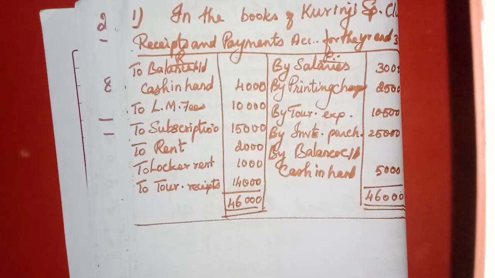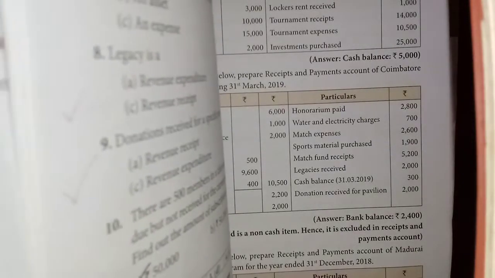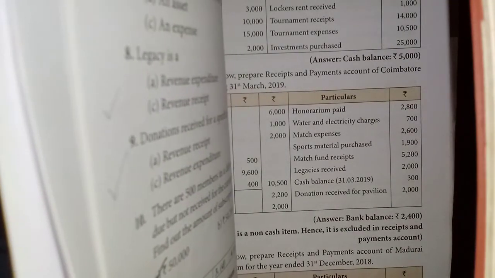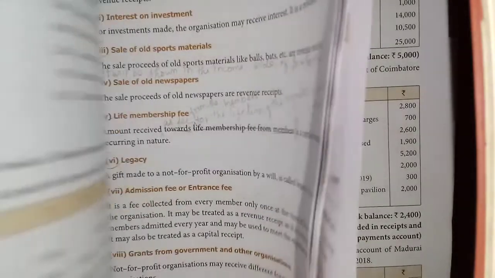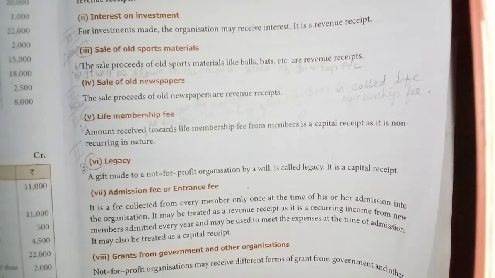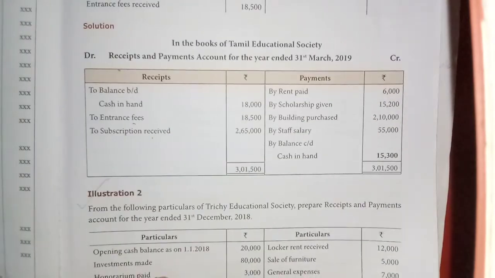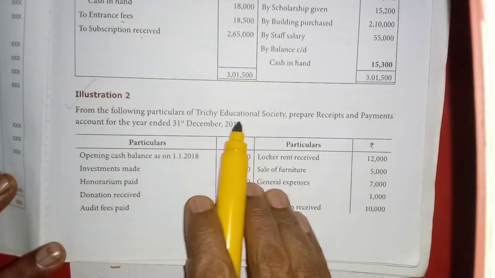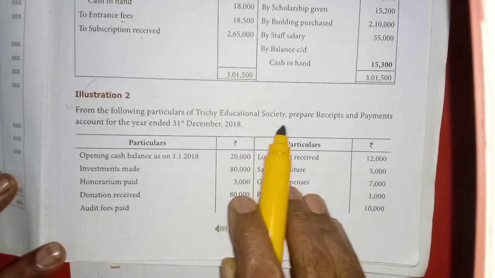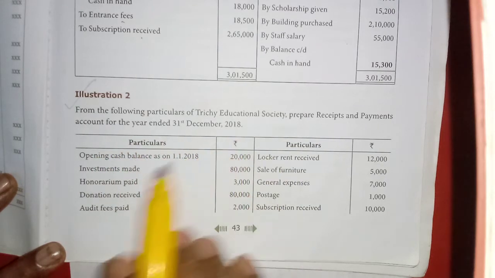Okay. Now I think we will do the second illustration. See, from the following particulars of Tiruchi Educational Society, prepare receipts and payments account for the year ended 31st December.